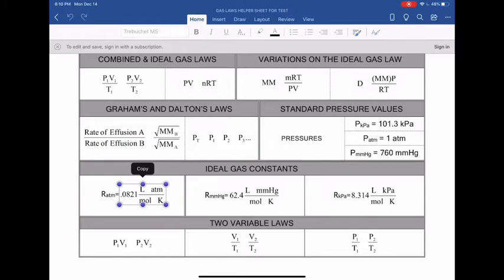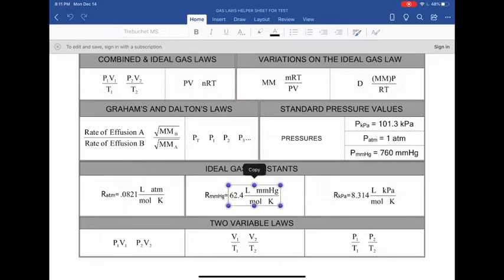So the ideal gas constant that you use depends on the pressure that you've been given in the problem, okay? So if your problem is asking you to find the temperature if the pressure is at 100 ATMs, then you have to use this value because it is the gas constant in the unit ATM.